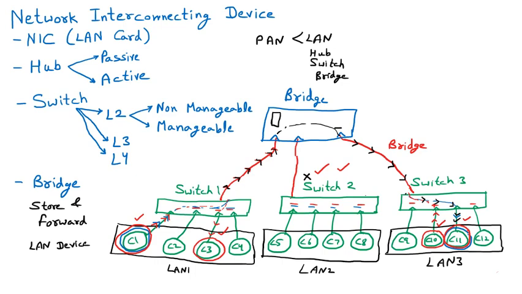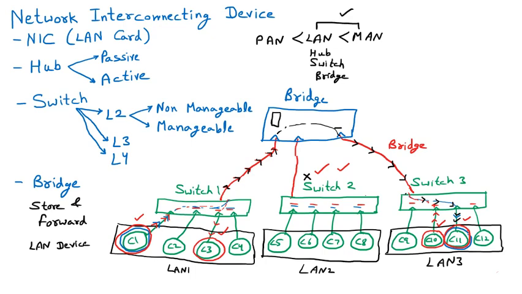Now if I increase the size of the LAN from 10 kilometer to more, that is called the metropolitan area network, we say MAN. Now LAN and MAN both are the same thing, means all the topologies are the same, all the devices are the same. But if somebody asks you what are the LAN devices, your answer will be hub, switch and bridge.